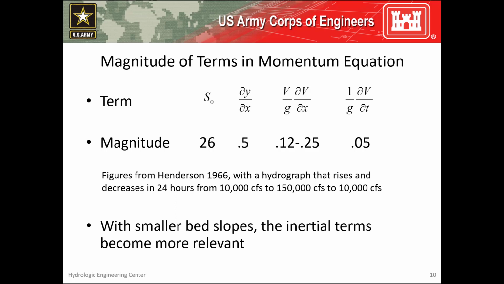Even in this case, where changes in depth and velocity with respect to distance and time are relatively large, the last three terms are still small in comparison to the bed slope. For this type of flow situation, an approximation of the full equations can be easily justified, but that's not always the case.